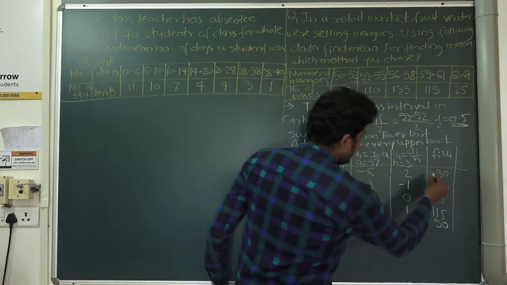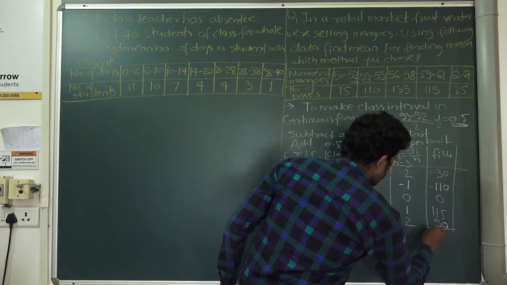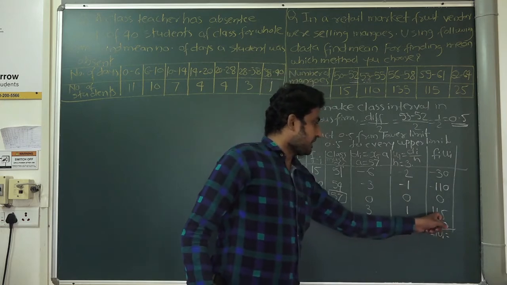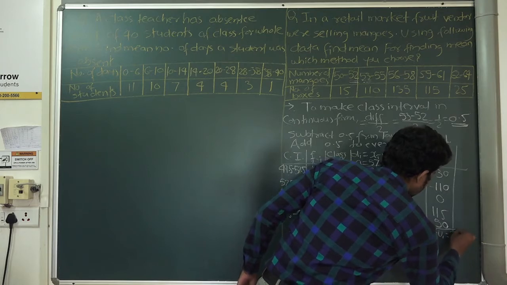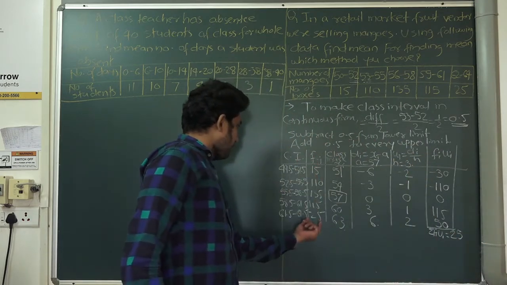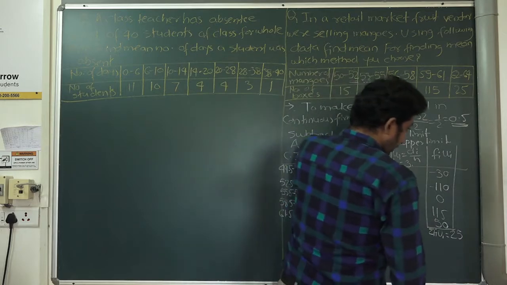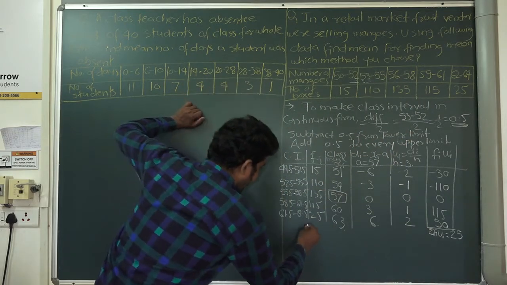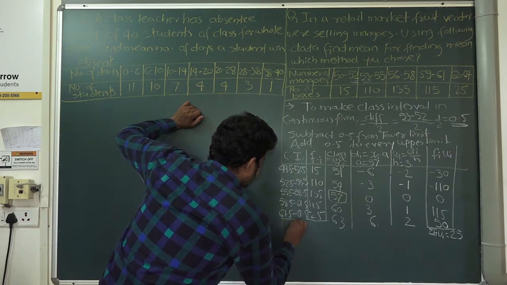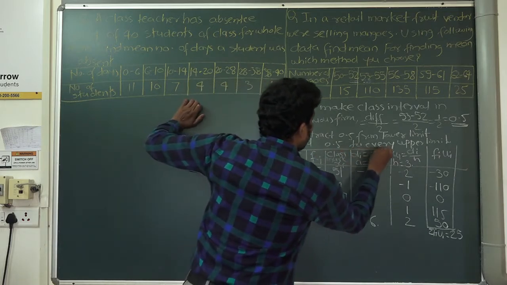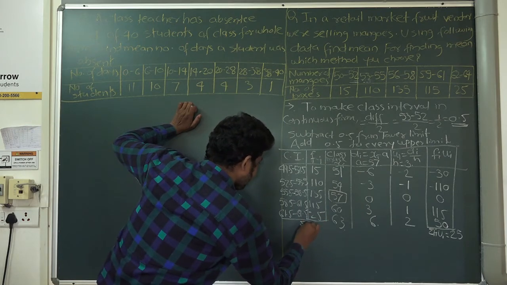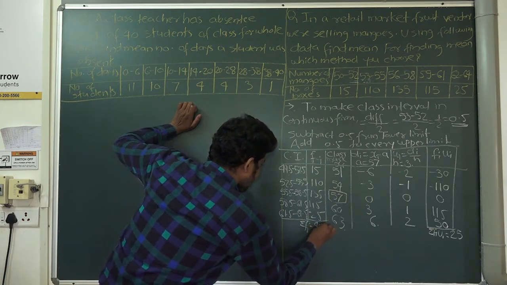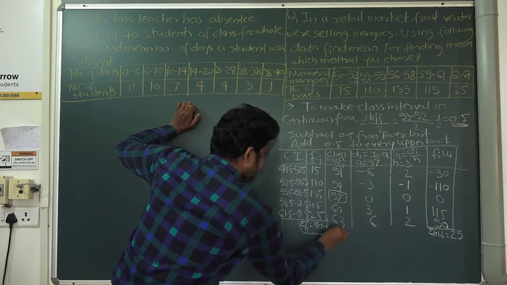Now, if you find the summation of fi ui, if you add this, it is 165 minus 140, that becomes 25, right? So this is 25, and if you add this, it is the summation of fi, which is 400.